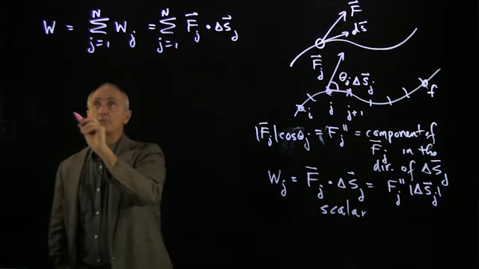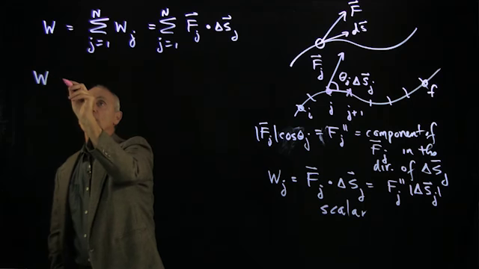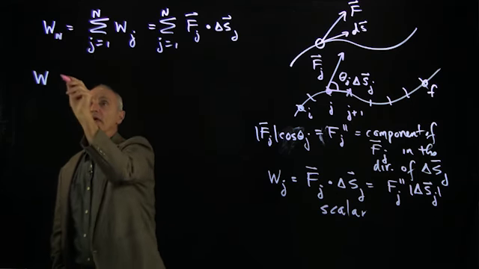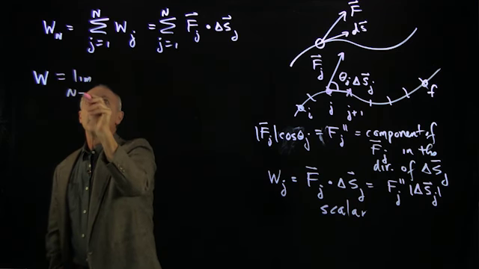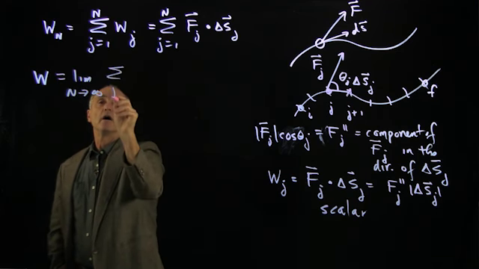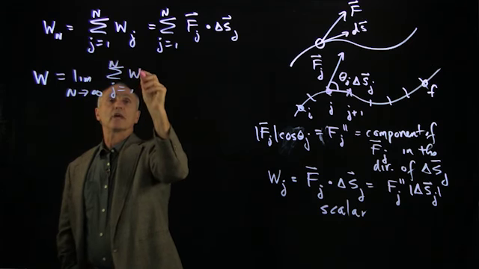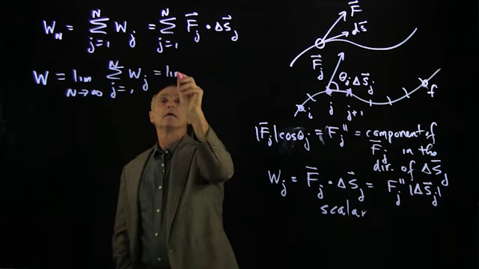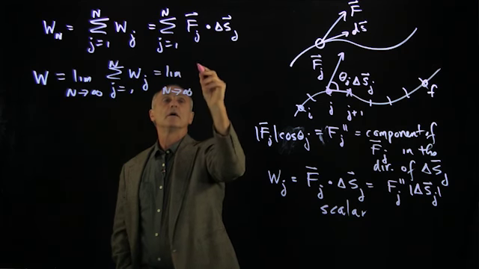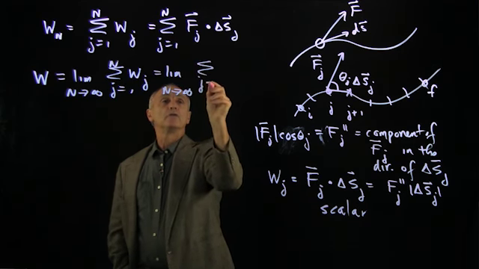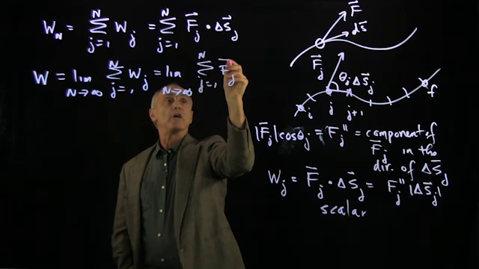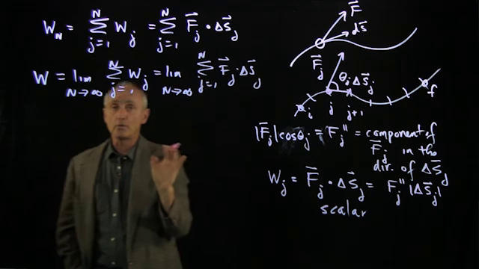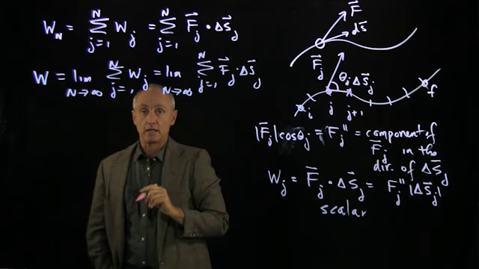And what we've seen many times now is that the actual work that we want, let's write this as wn because it depends on the number of paths, is the limit as n goes to infinity of this sum of scalar amounts of work. Now, when we take that limit as n goes to infinity of this sum, j equals 1 to n, of fj dot delta sj, this quantity is formally what we mean by a line integral.